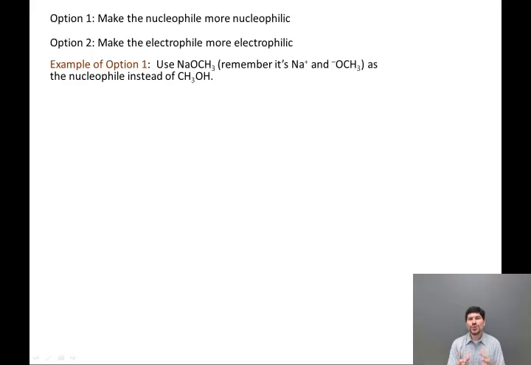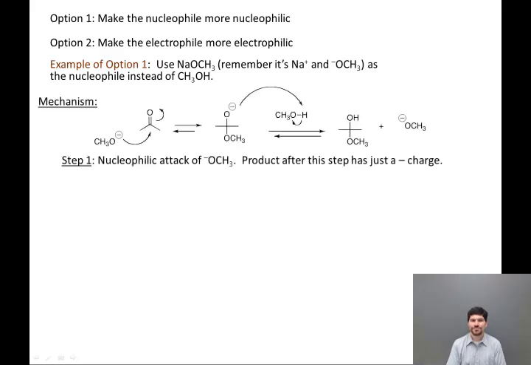Instead of using neutral methanol as the nucleophile, which, if you think back to our discussion on nucleophiles, was listed as a weak nucleophile, we're going to use an anionic nucleophile, sodium methoxide, NaOCH3. Having a minus charge, it is a much better nucleophile.